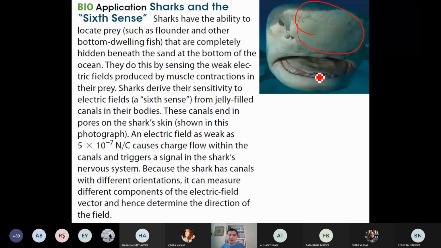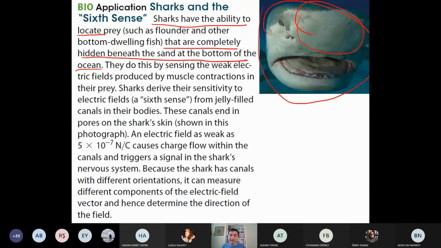Sharks have the ability to locate prey that are completely hidden beneath the sand at the bottom of the ocean. So this shark can find its prey. So how can this shark do that?